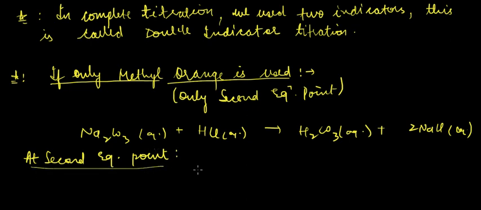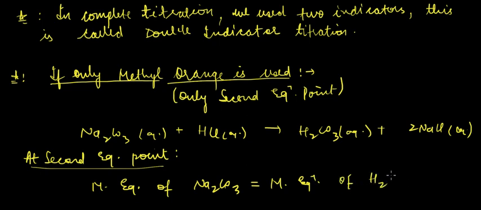what will we say, that milli equivalents of Na2CO3 would be equal to milli equivalents of HCl.